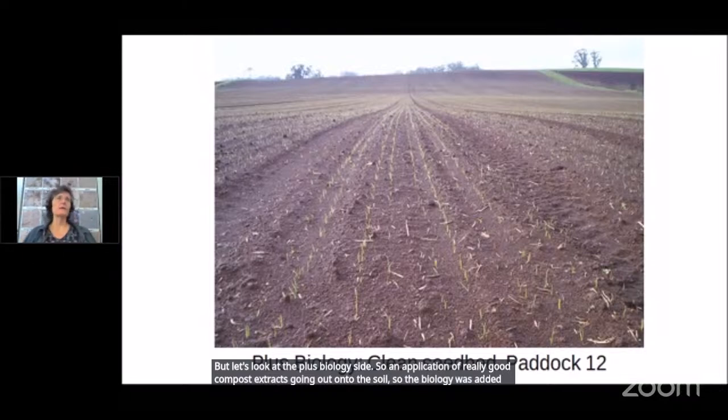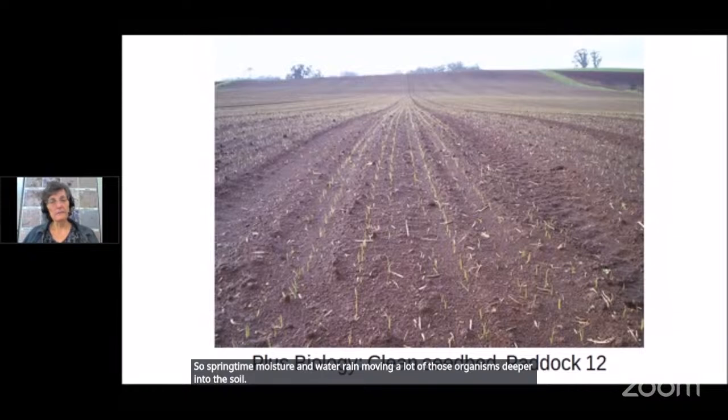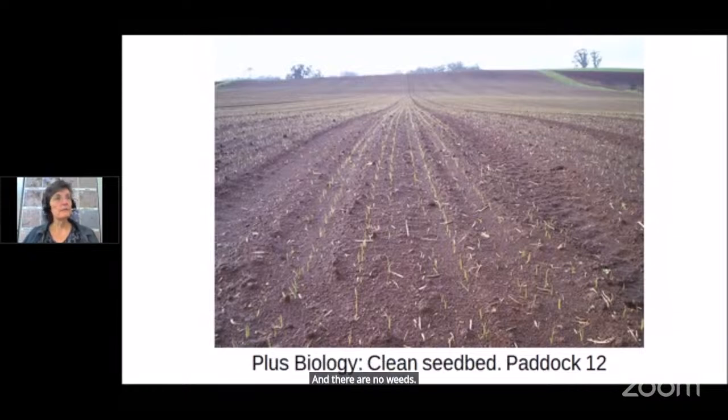Yes, this is Tasmania, so we've got good moisture. We don't really have a dry time of the year. So springtime, moisture, water, rain, moving a lot of those organisms deeper into the soil, and there are no weeds. This was a field that had as much weed seed bank in it as the previous field.